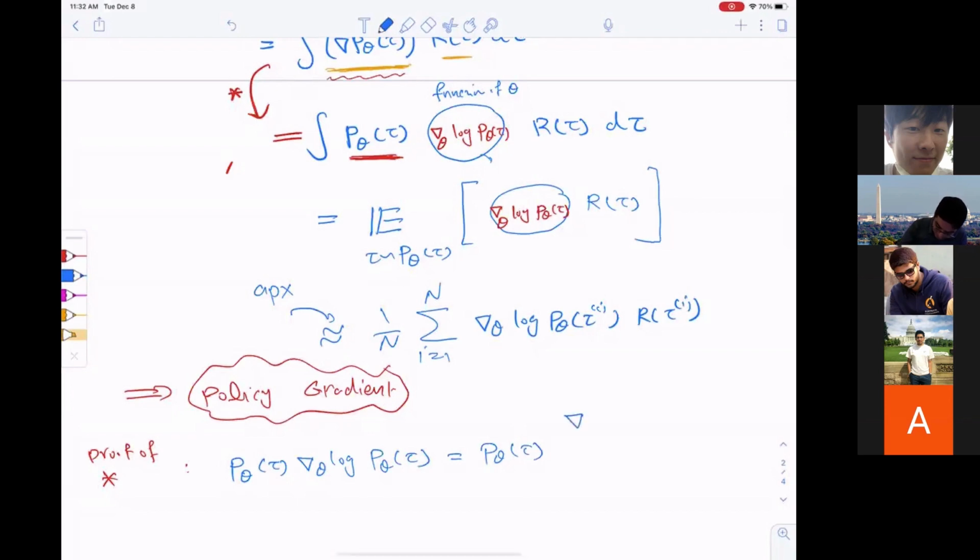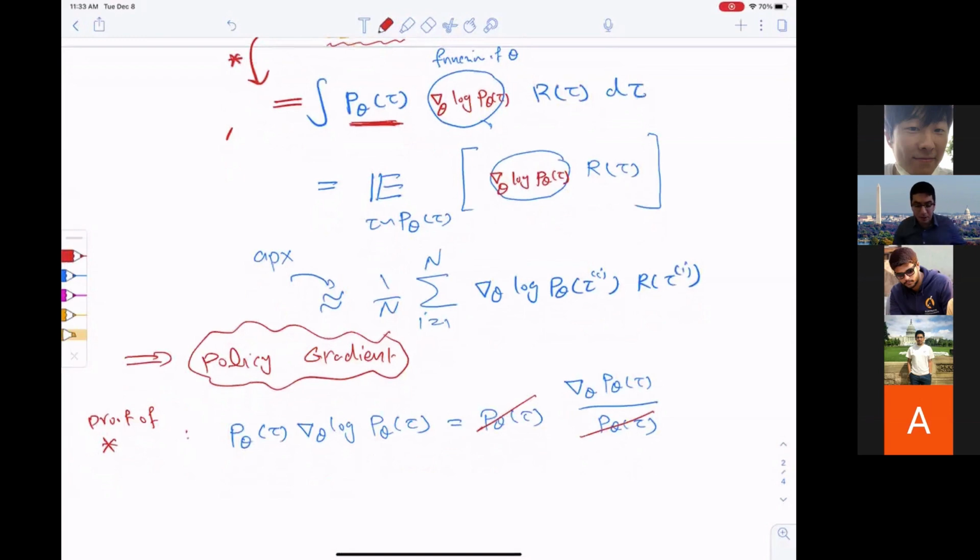So I have the gradient of P sub theta divided by P sub theta. And as you can see, immediately these two cancel out. So the gradient of P sub theta is equal to P sub theta times the gradient of the log of P sub theta. And that's the key algebraic observation that we use in order to turn that integration into a nice expectation, so I can approximate that using some samples. Any questions?